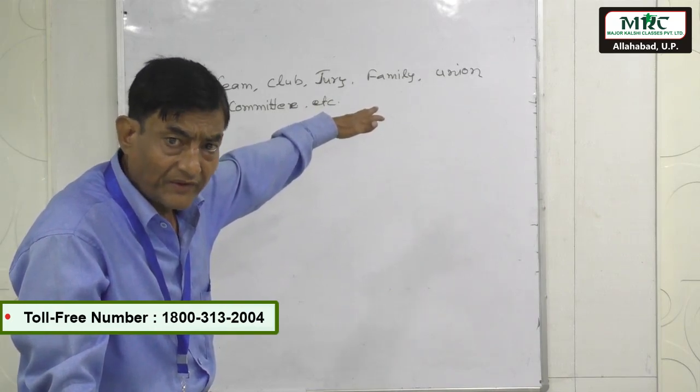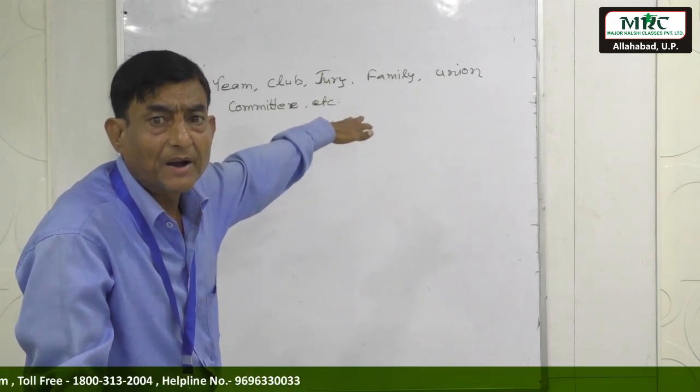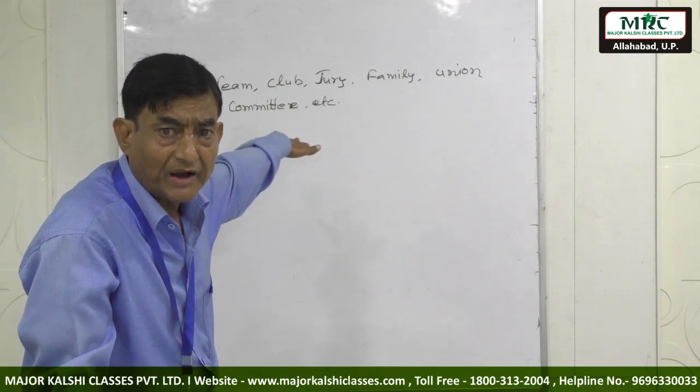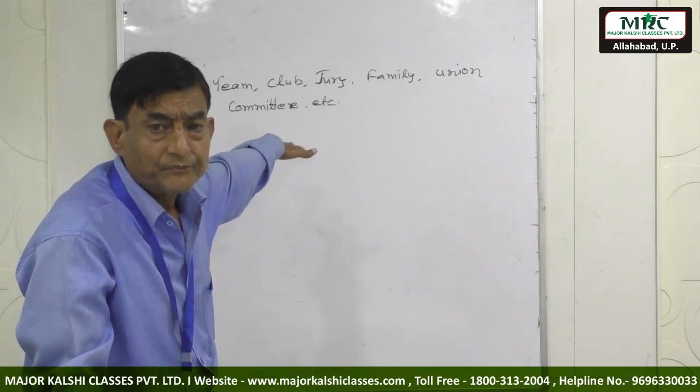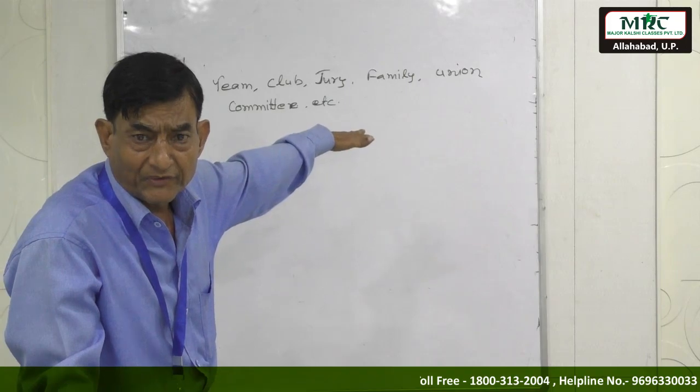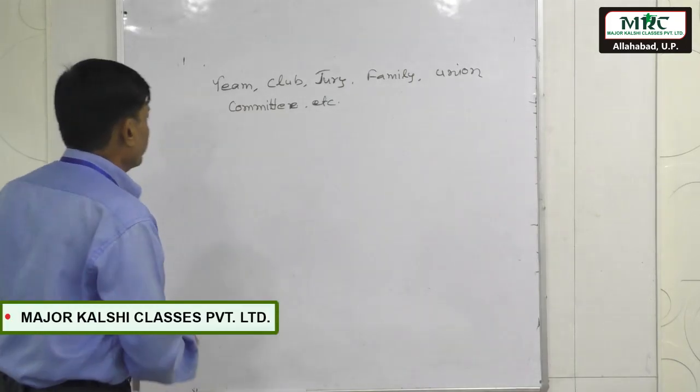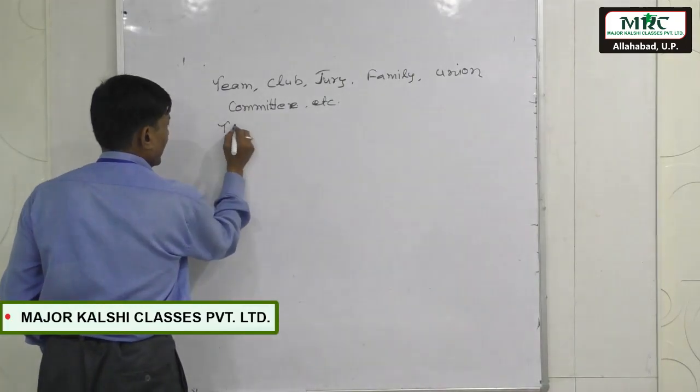But if there is any difference of opinion among the members of these collective nouns, we use a plural verb with them. We can take the example: the team has come.